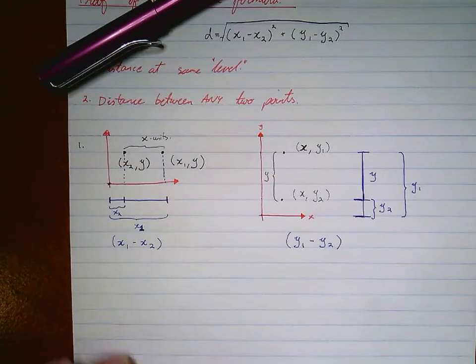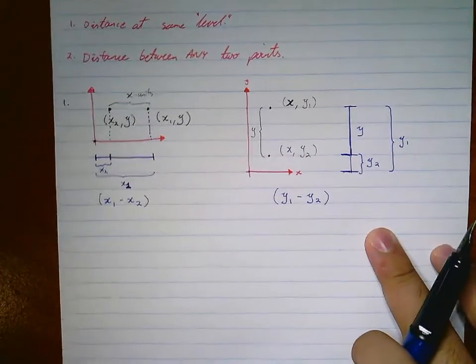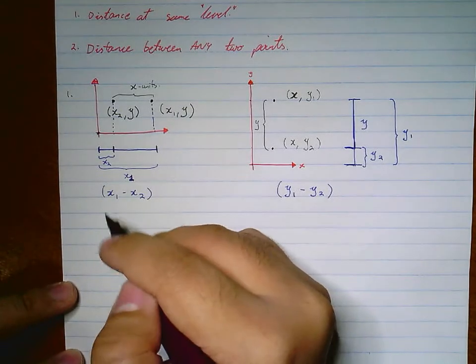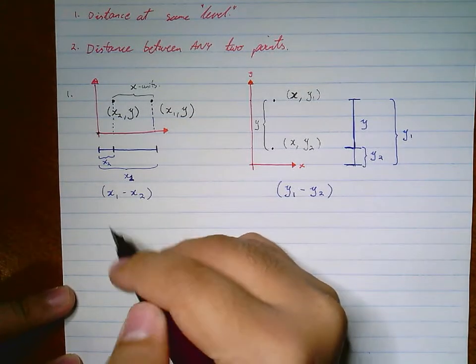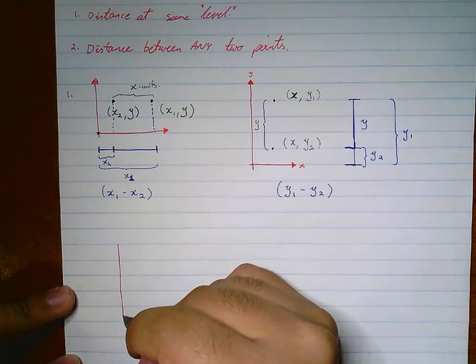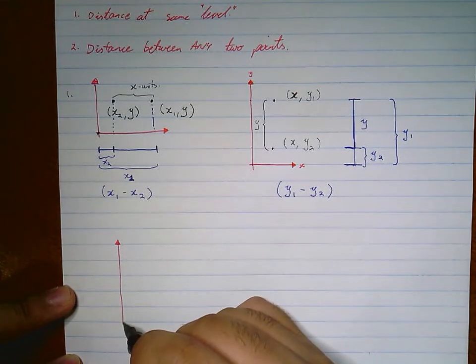Now what we do is we're actually going to use these two ideas to calculate the length of any 2 points. So now I want you to consider the following points. Once again, a very rough sketch. It doesn't have to be perfect.